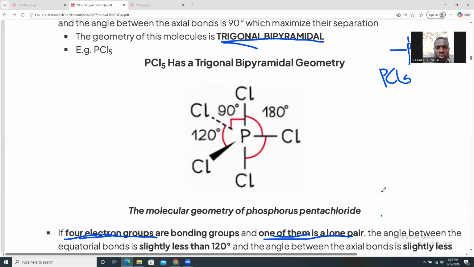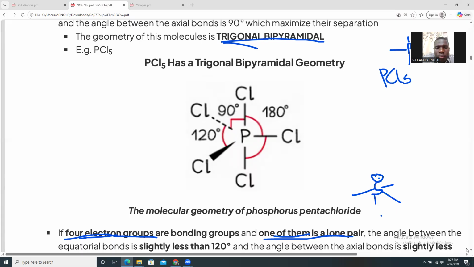For example, you have S that has a lone pair. It is surrounded by, this is what I mean, like that one. So this is still under 5 electronic groups, but it is not trigonal bipyramidal.